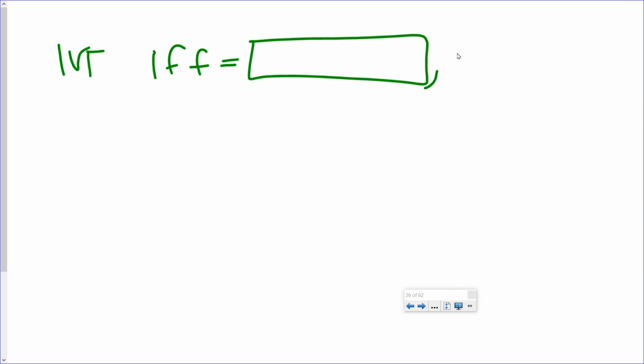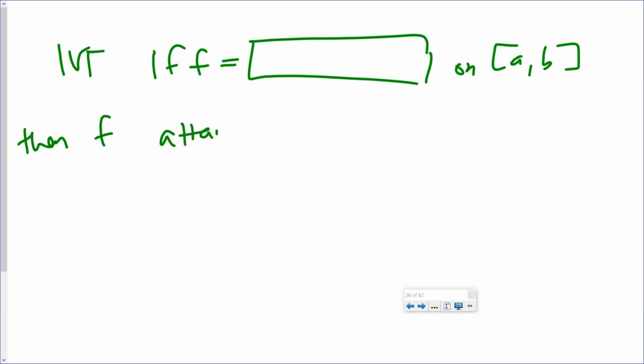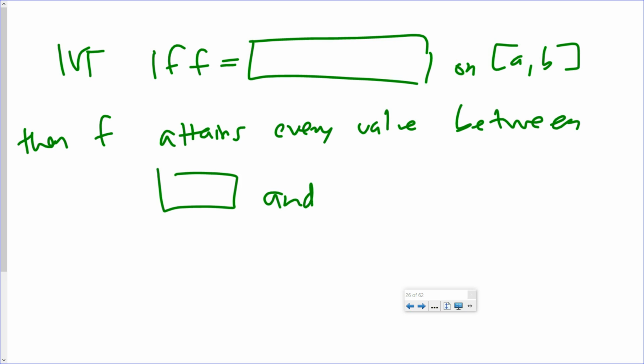Okay, IBT says that if you have a function and the function must be something, okay, on the interval of a, b, then f attains every value between something and something else. Can you fill in those blanks for me?